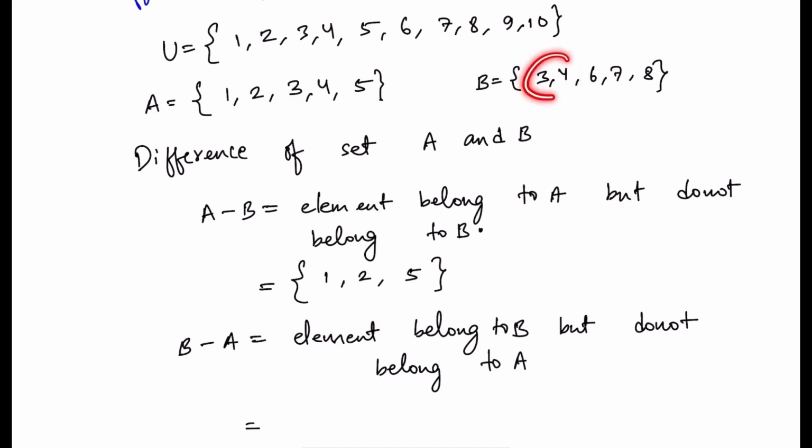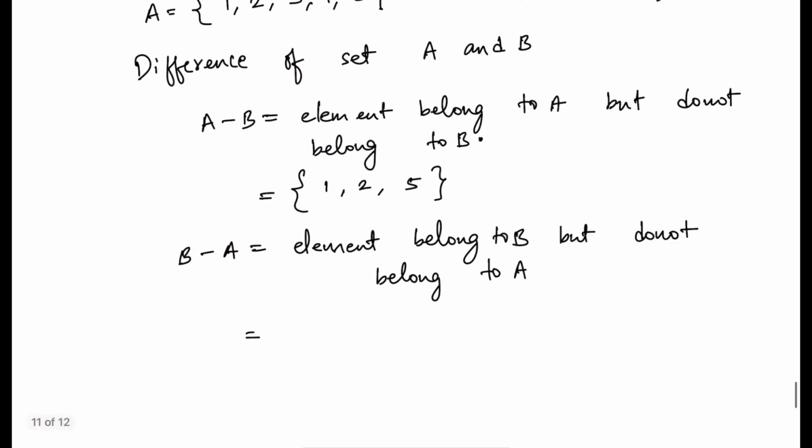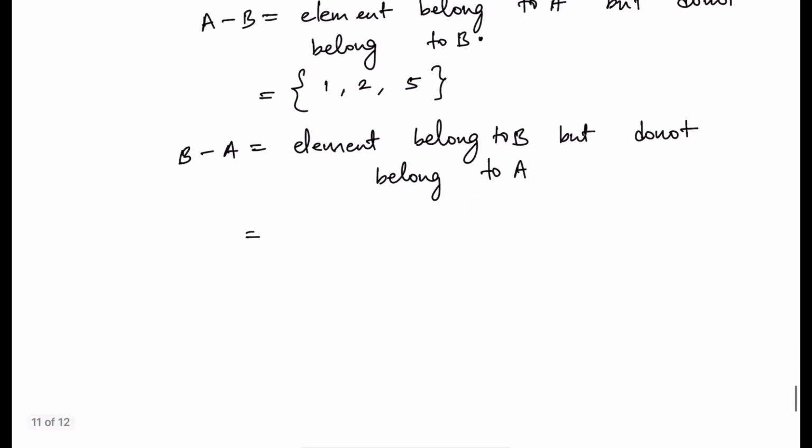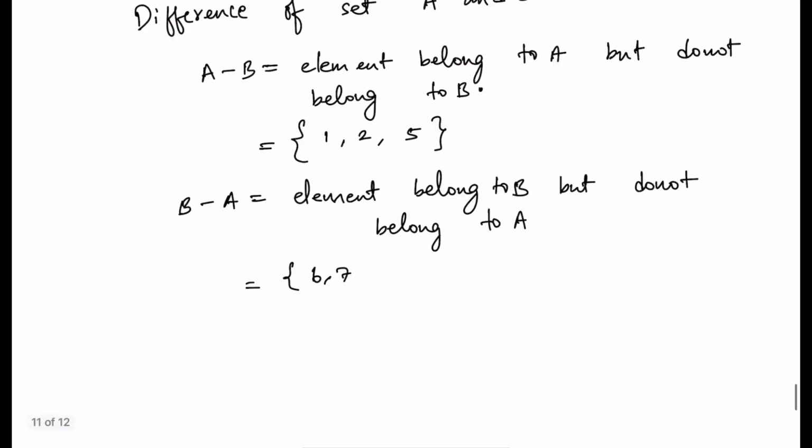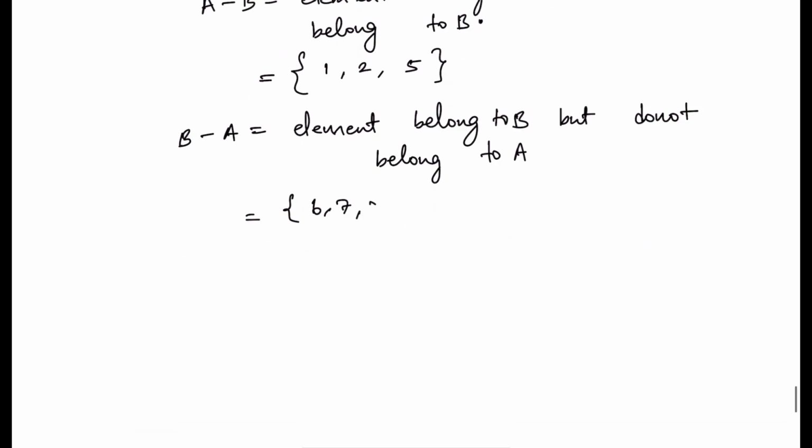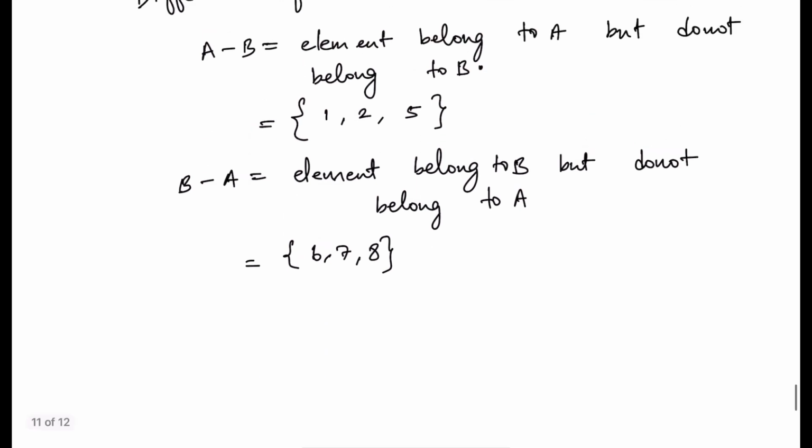So we have to remove these elements, and the remaining elements will be B minus A. So B minus A will have elements 6, 7 and 8. This is how you write A minus B and B minus A.